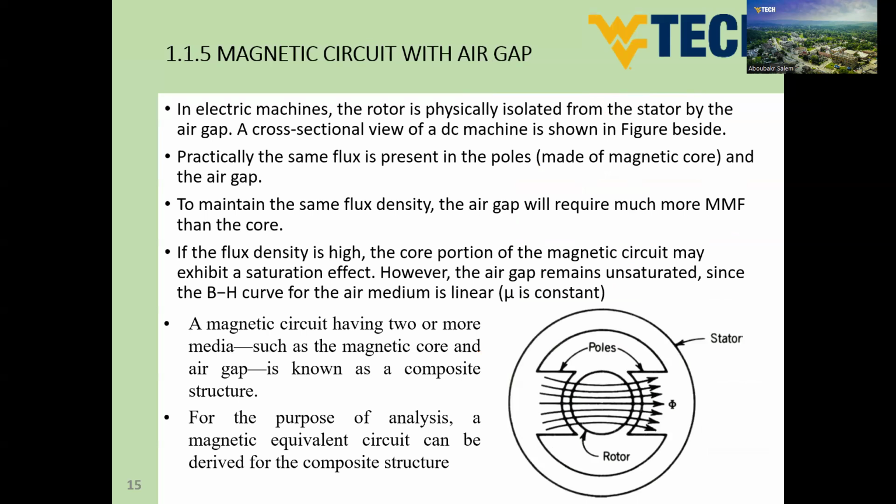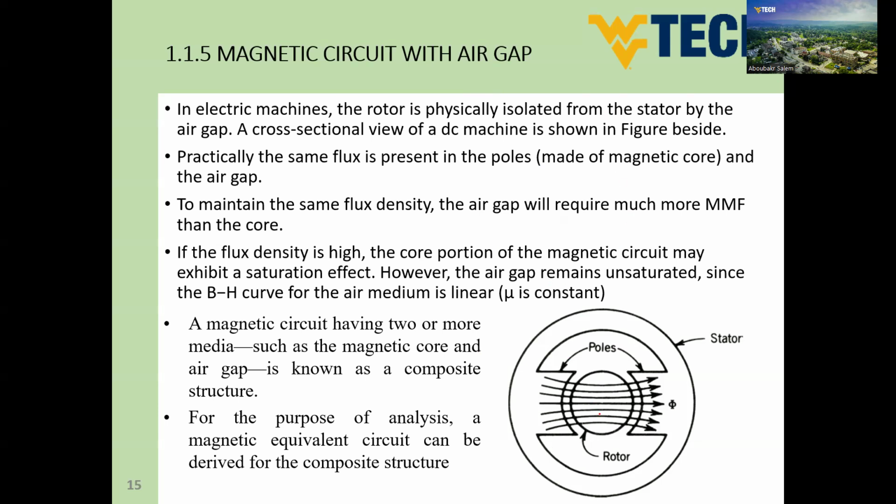Now, let's discuss one more thing in our class today, and we can elaborate more in solved problems in the next session. So here, guys, we have an example of a magnetic circuit. It represents a motor.